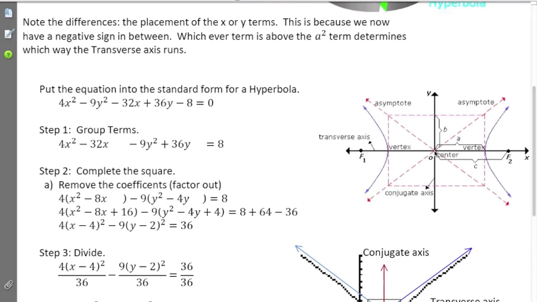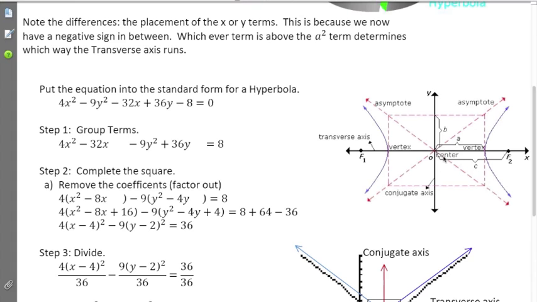B is the distance from the center to, we don't really call these the covertices, they're not even points at all, but it tells you how tall that box would be. You can call these the covertices if you want to. They don't really have a name, I don't think. But it would go from the center to the covertex here as well as the one at the bottom.